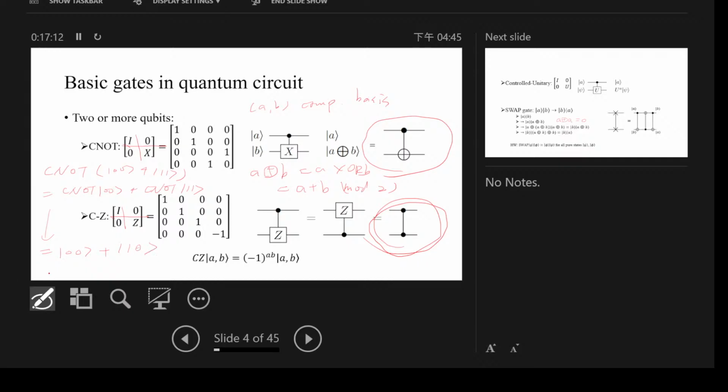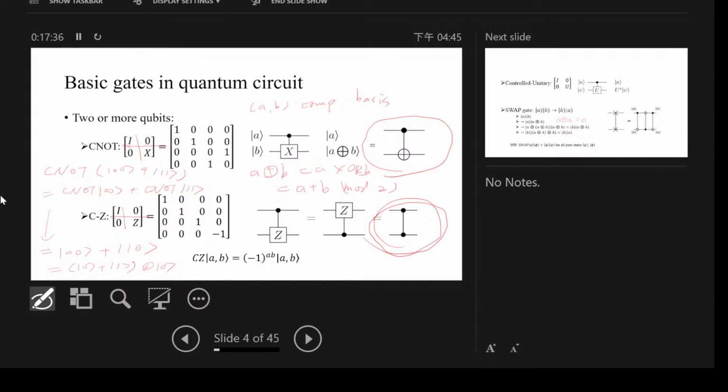So this is the output, and if you want to be a little more fancy, it is 0 plus 1 on the first qubit, tensor 0 on the second qubit. Here you see that you have an entangled state as input, and after you apply CNOT, it actually becomes another entangled state.